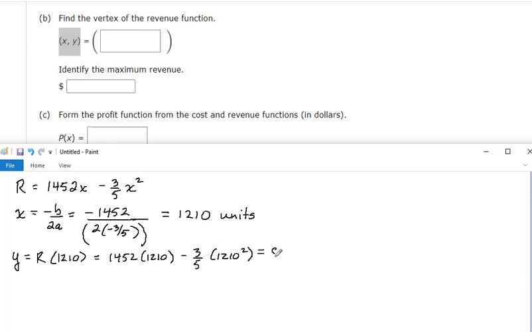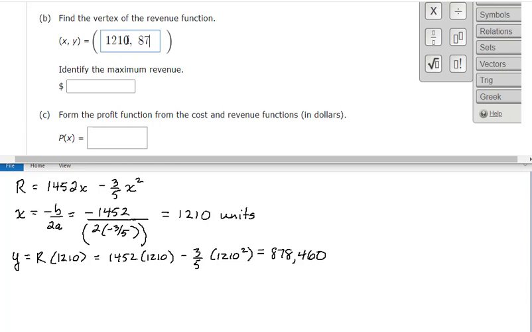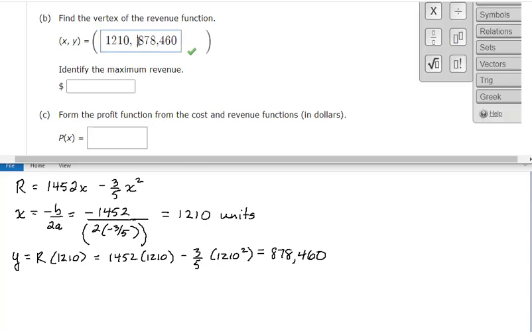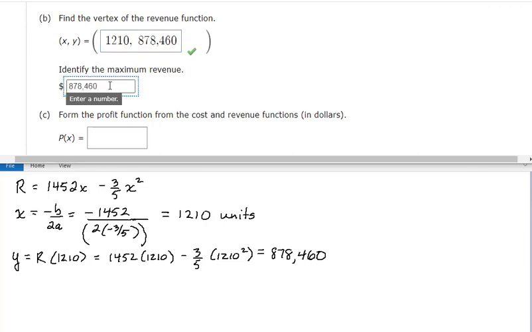Calculate that out, 878,460. Okay, identify the maximum revenue. Well, the dollar amount for the revenue is the second coordinate. It's that 878 number.